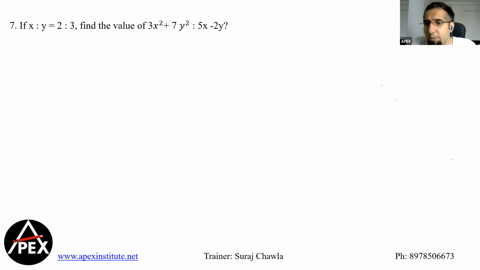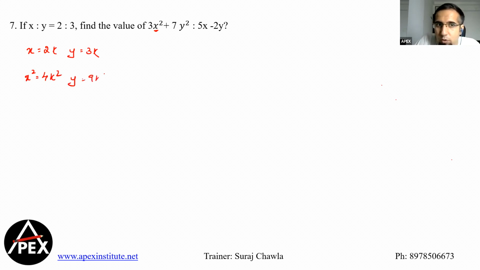Yep, let's see. So the answer here becomes cannot be determined, guys. I again repeat, if you see x square in the numerator, remember x is equal to 2k and y is equal to 3k. But you have x square equal to 4k square and y square equal to 9k square.